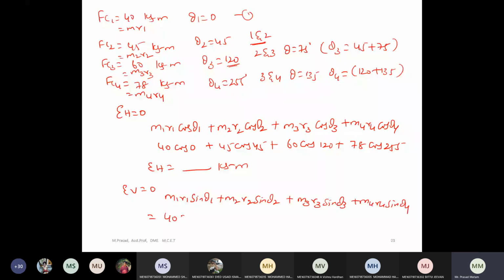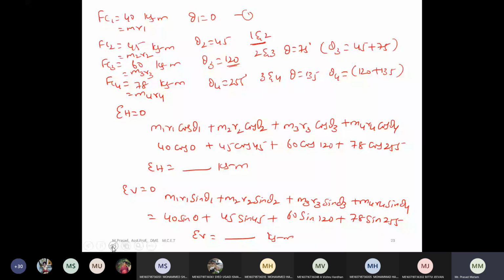That is 40 sin 0, plus 45 sin 45, plus 60 sin 120, plus 78 sin 255. Give me this value, dear students, fast.